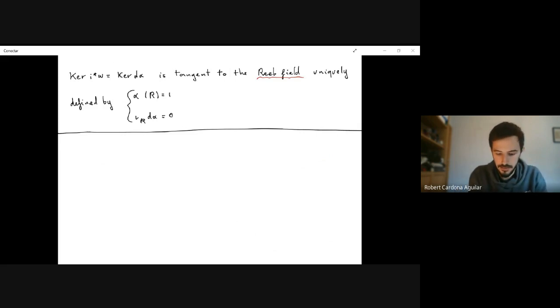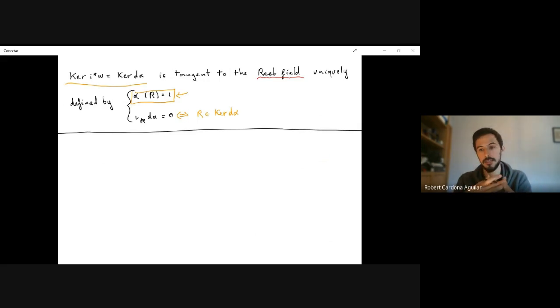The kernel of the alpha, as this is the kernel of a Hamiltonian structure, is well defined, it's just a line field. And if you normalize it by this condition, so this only means that R is in the kernel of the alpha, you get what is called a Reeb field, the Reeb field defined by this contact form.